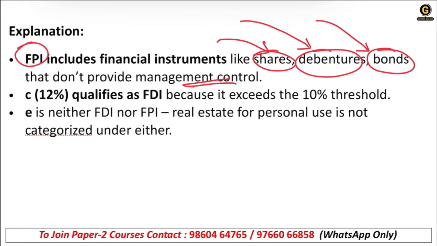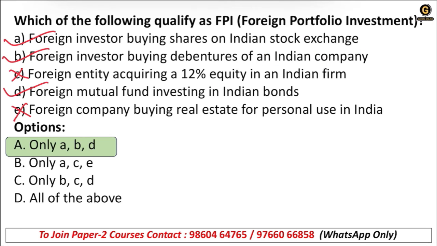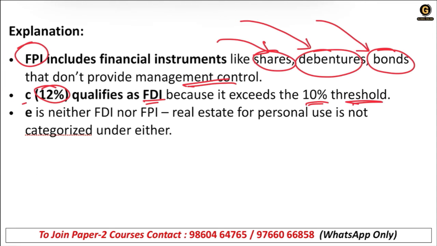Okay, C, that means 12%, qualifies as FDI because it exceeds the 10% threshold. Correct? Here in the question, the 12% was asked in option C. That is why we selected it as an incorrect answer. E is neither FDI nor FPI.